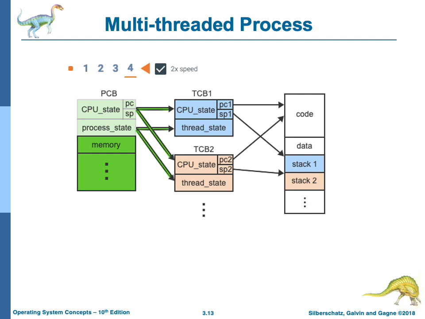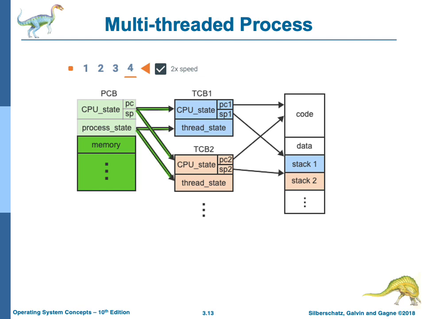So this figure looks at multi-threaded processes from the PCB point of view, right? In a single-threaded process, it only has one program counter and one stack pointer, and the process state in the PCB may be, as we talked about, running, ready, or blocked.